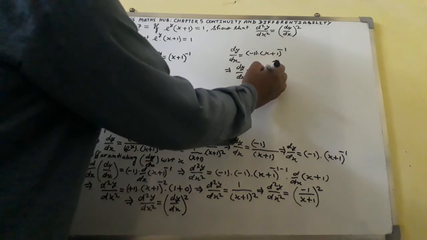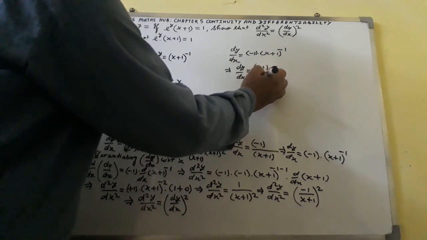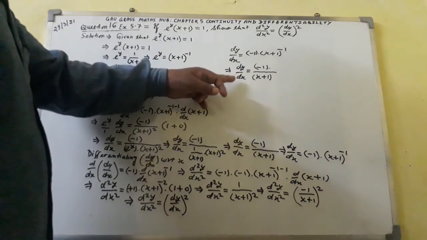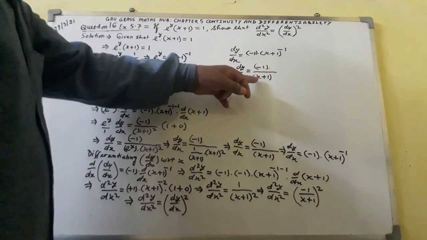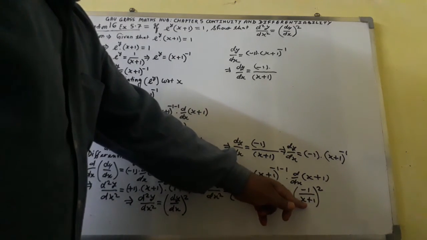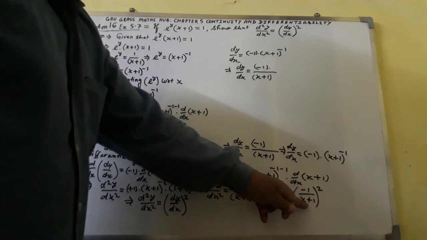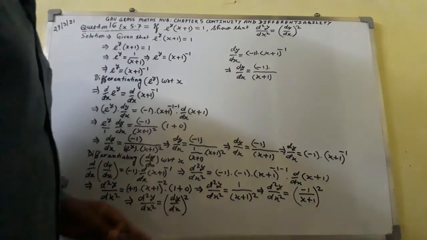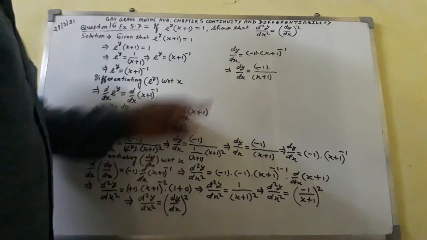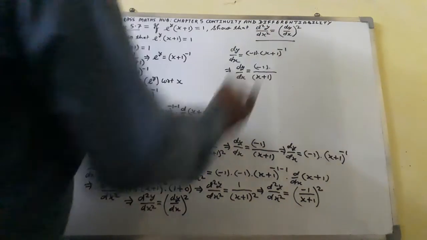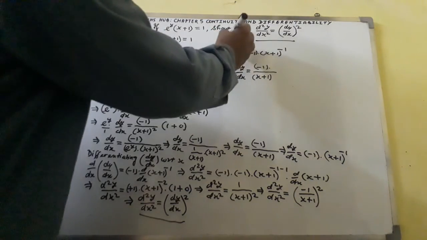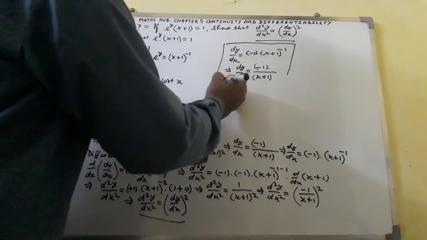So here it will become x plus 1. We have got dy over dx equal to minus 1 over x plus 1, so in place of minus 1 over x plus 1 I shall write dy over dx. So here dy over dx whole square we have got. So this one and this one I have proved. This one I have explained in detail.